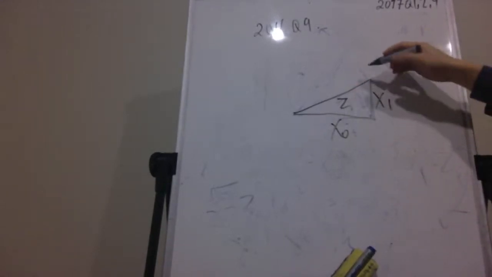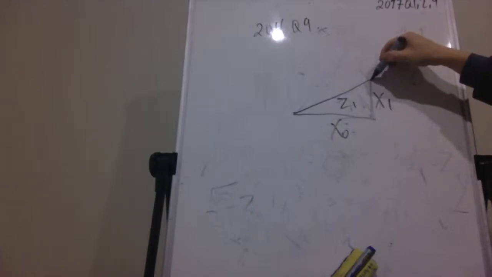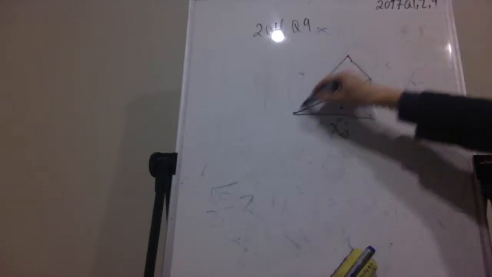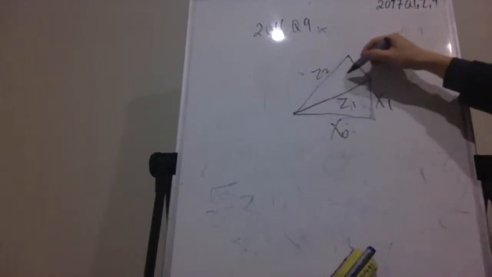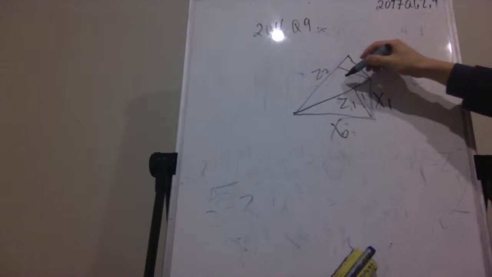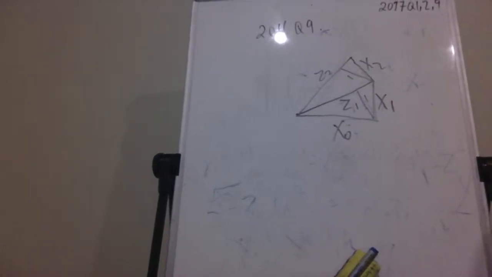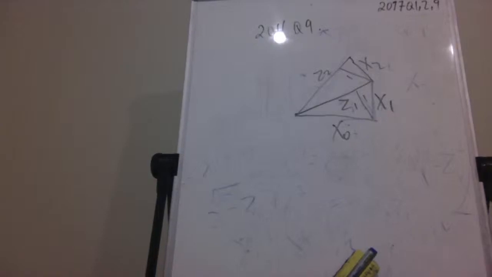You can call this z1 if you want, z2. So these are all 1, right? This is x2. Kind of annoying. Where'd it go? Here's the first.